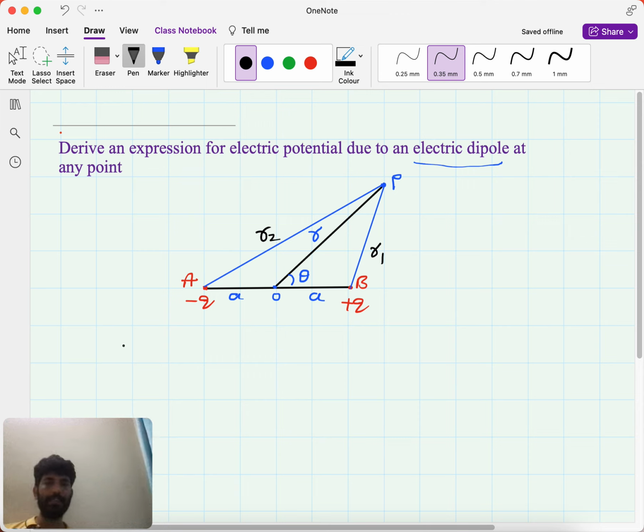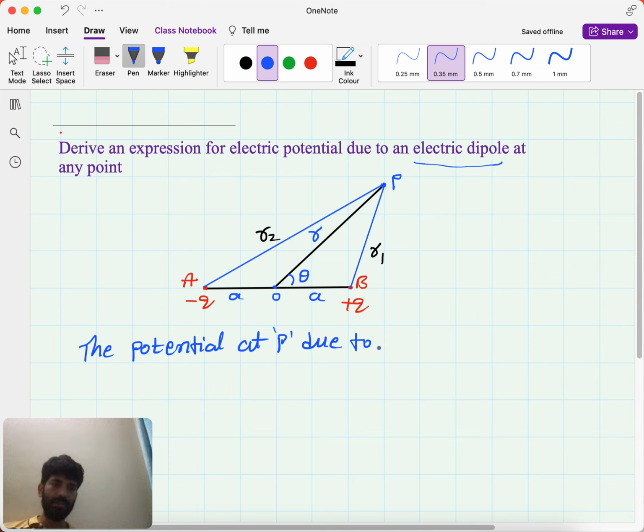First we need to write the electric potential due to the positive charge and due to the negative charge. The electric potential at P due to plus q is V1 equal to 1 by 4 pi epsilon naught times q by r1.